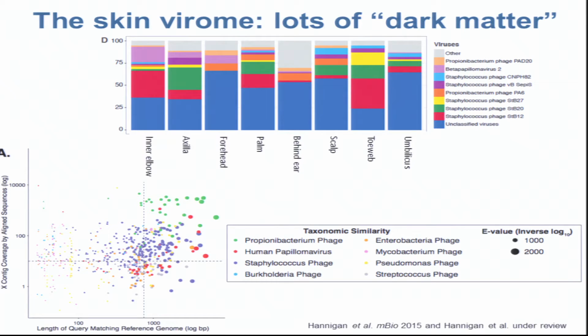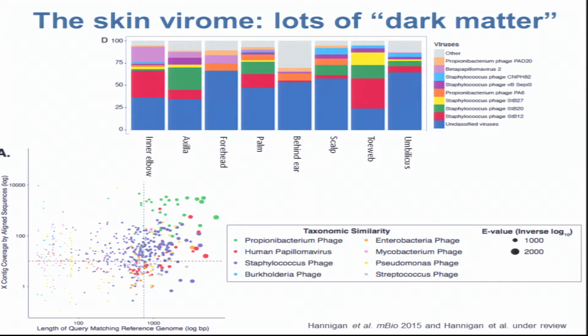Here, this is showing relative abundance of the different viruses we found at different skin subsites.